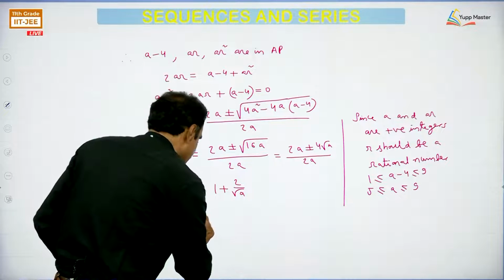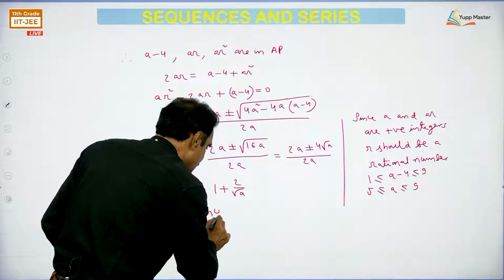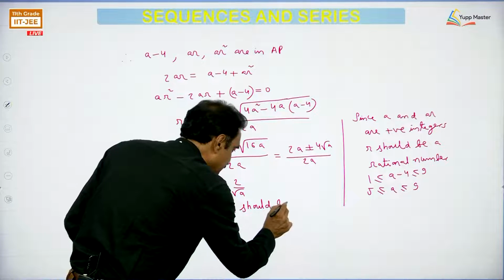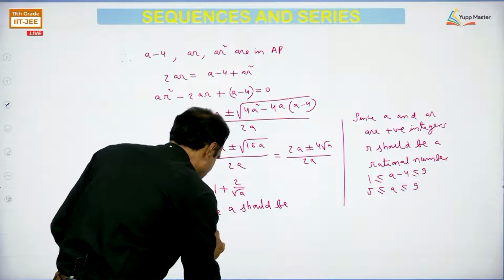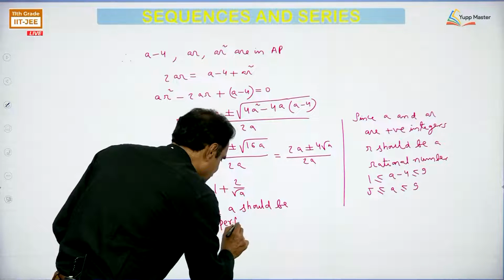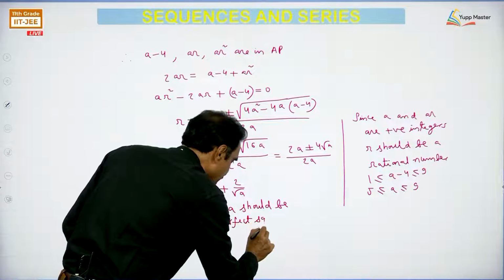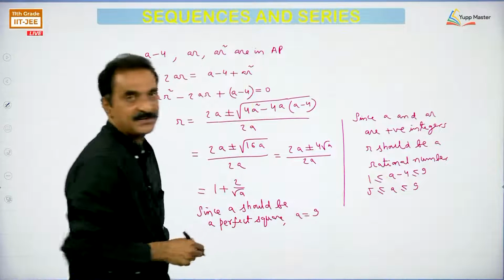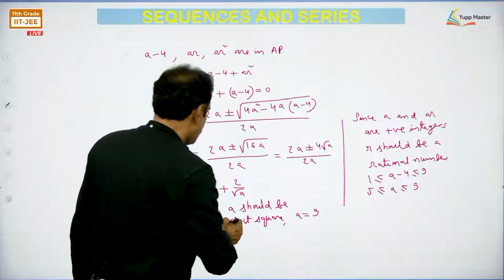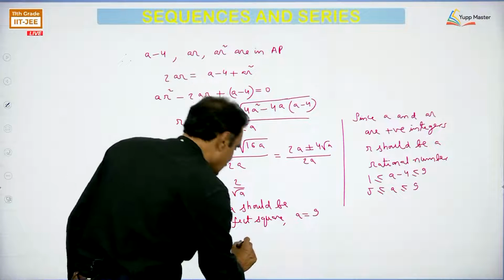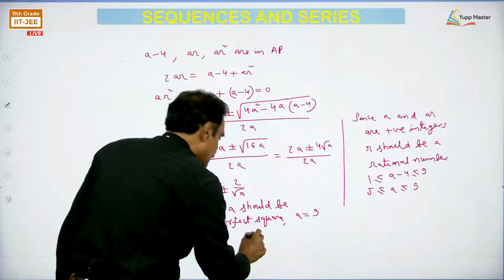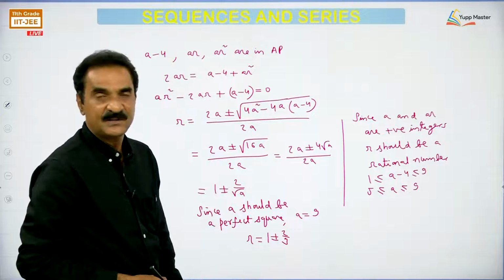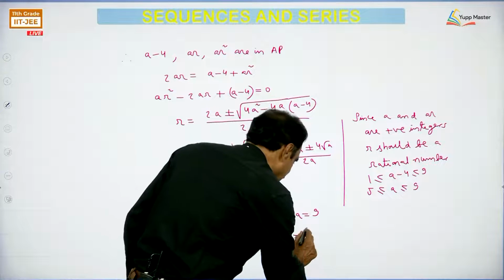Therefore, since a should be a perfect square, we get a is equal to 9 from this condition. If a is equal to 9, what is r? Sorry, here plus or minus should be there. So r is equal to 1 plus or minus 2 by 3, since the square root of a is 3. If you take the minus sign, you will get 1 by 3.